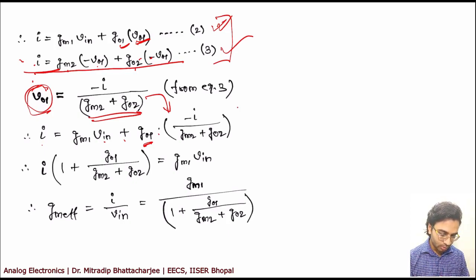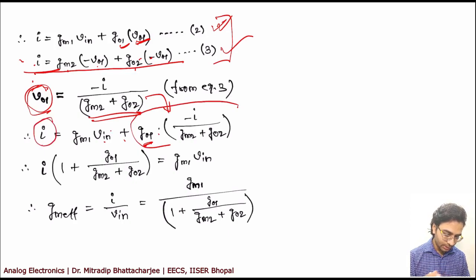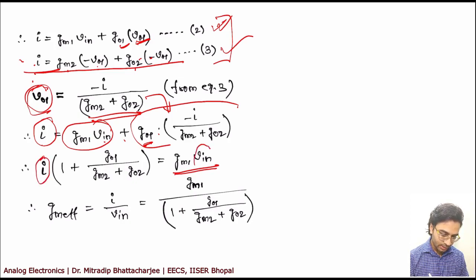So once you substitute the value, what you will get? Take this I term on one side, you will find I into 1 plus GO1 divided by GM2 plus GO2 is equal to this one, GM1 V in. Okay, so you have currently the GM effective as I divided by V in.